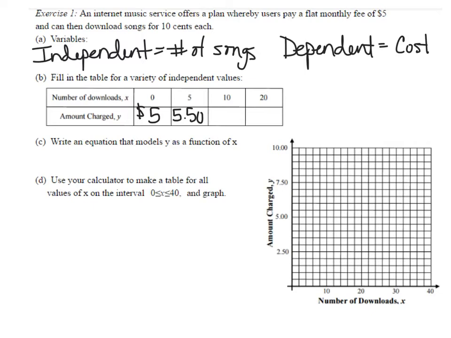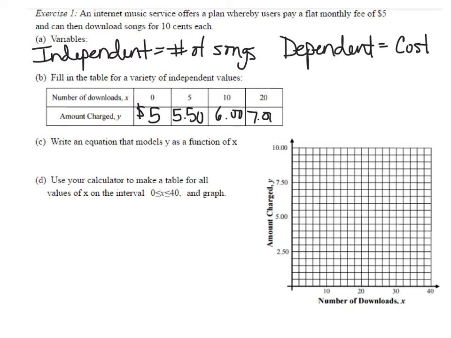If we download 10 songs, 10 times 10 cents each is $1. $1 plus the $5 gives us a total of $6. For 20 songs, 20 times 10 cents each gives us $2, plus the $5 flat monthly fee gives us a total of $7.